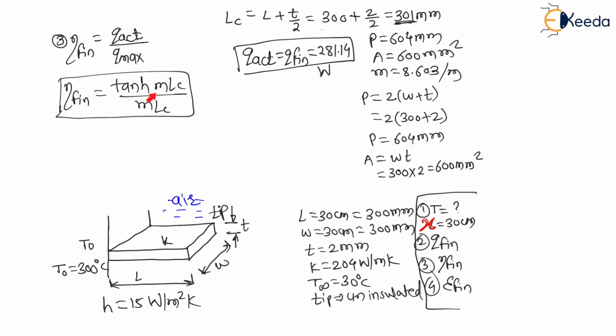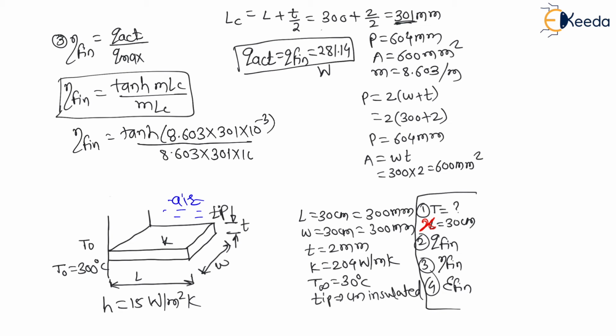So let us use this formula and put the values. The efficiency of fin will be equal to tan hyperbolic of 8.603 into the corrected length 301 into 10 to the power minus 3, divided by 8.603 into 301 into 10 to the power minus 3.